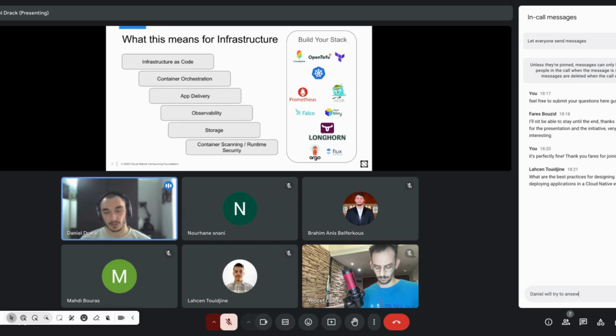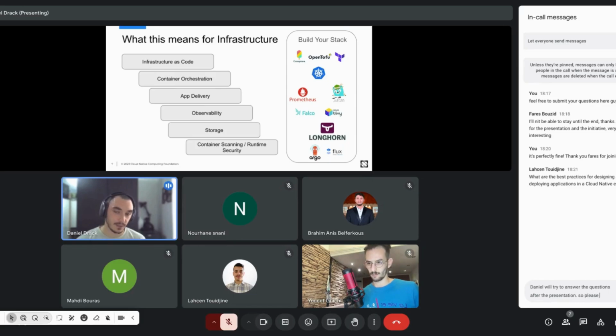And then you also need to provide additional infrastructure services to your application. For example, persistent storage, if you want to store data, load balancing, security scanning, certificate handling, stuff like that. So you also need infrastructure services provided on top so that your application can actually run as intended.